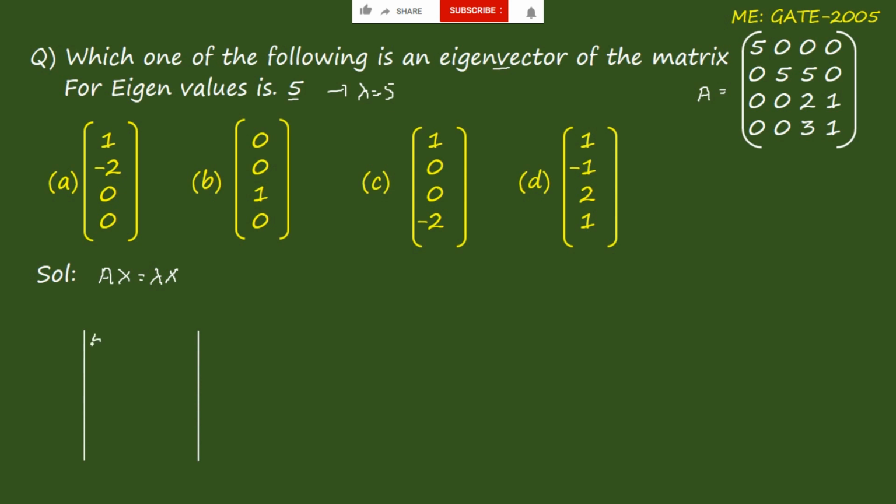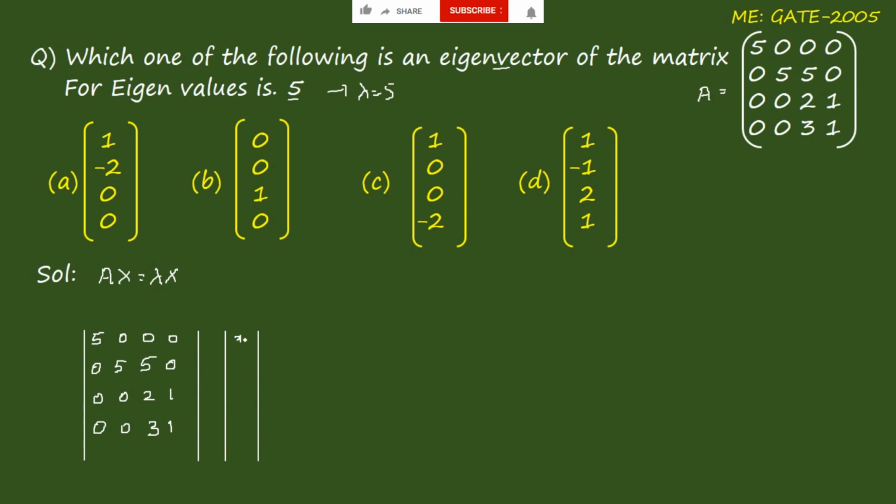So it becomes 5, 0, 0, 0. And this is 0, 5, 5, 0. This is 0, 0, 2, 1. And this is 0, 0, 3 and 1. Now we'll write the x values. Draw a straight line here, draw a straight line here.